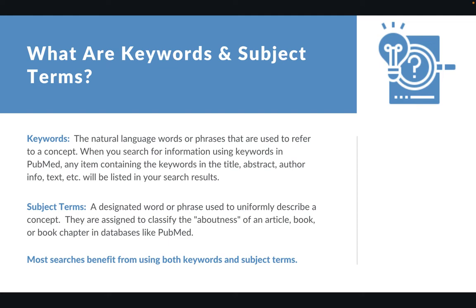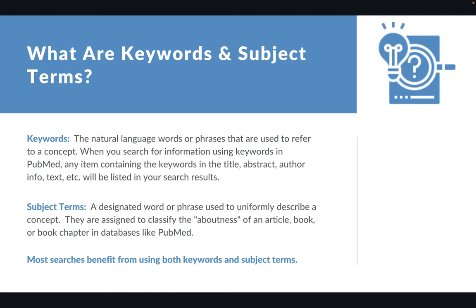You want to find your subject terms for your concepts because authors will often use a lot of different words when writing their articles. The goal of having a subject term is that it will cover all of those different author synonyms for each concept, so that even if you aren't able to find all of the keywords that could possibly be used for what you're searching for, if you find that big umbrella subject term for the concept, you will get the most search results back and not miss as much.